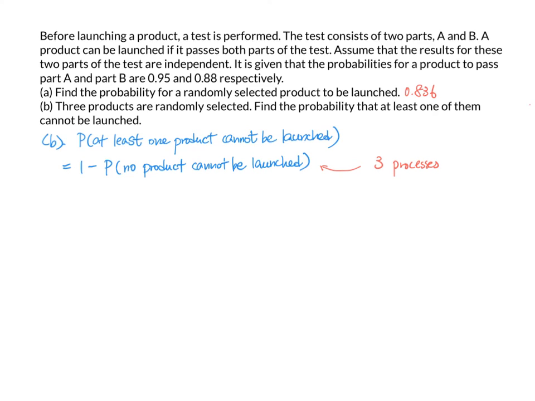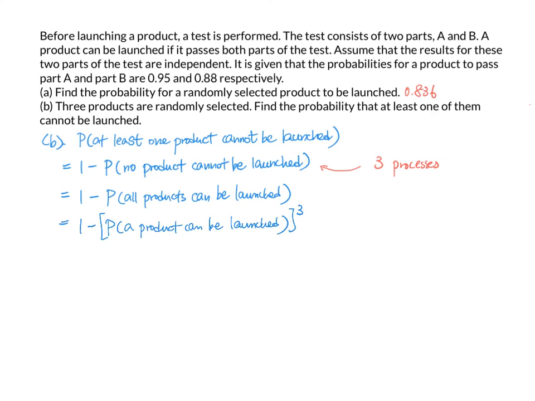We multiply them together, right? And so it also equals 1 minus the product of all products. All three products can be launched, and it's a product of three numbers multiplied together. And so that equals 1 minus 0.836 cubed. And so the answer would be 0.416.